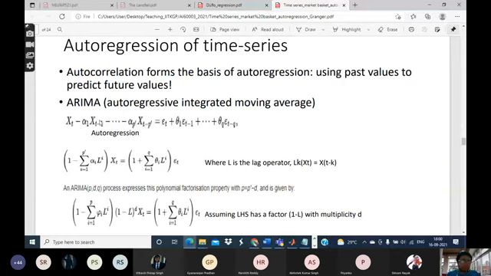When the function I am applying on those independent variables is a linear function, it becomes a linear regression. And as you can see, this is indeed a linear function. So we can call this the linear autoregression.